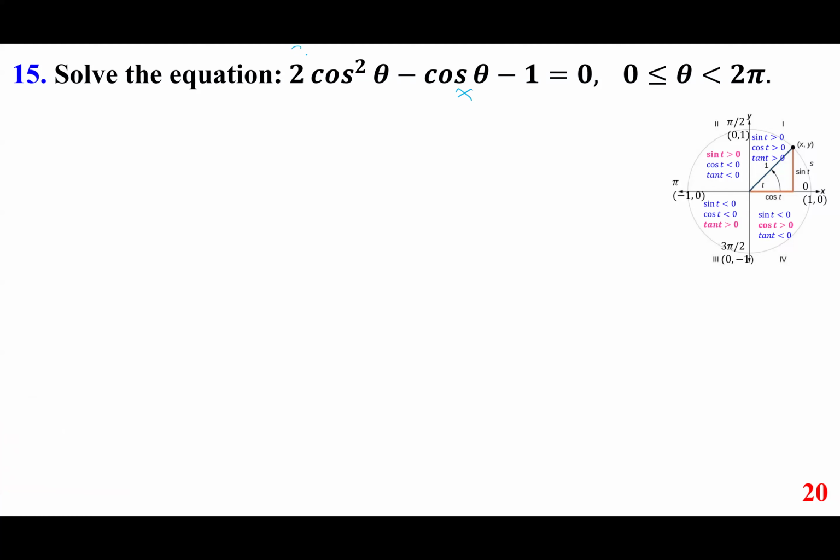So you're looking at 2x² − x − 1 = 0. And that's easy factoring, class.